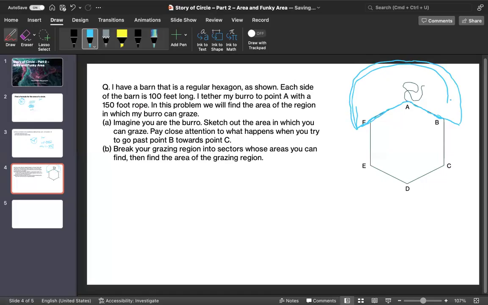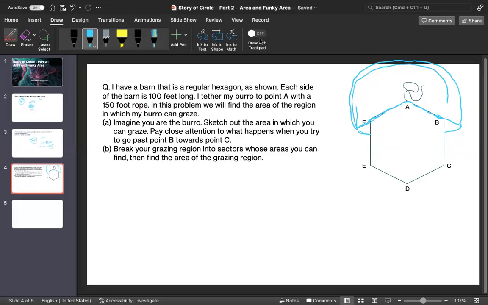There, that looks better. So we have part of a circle, and then the little part over here, which the burrow can walk up to. So this part drawn in blue is the part in which the burrow can graze.